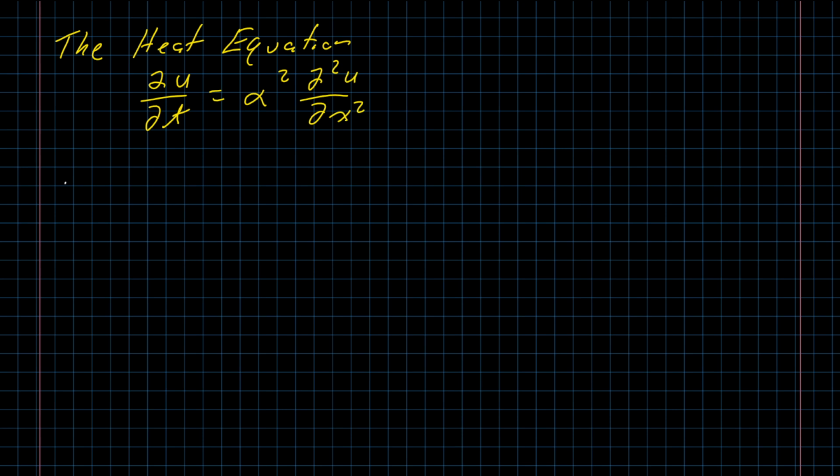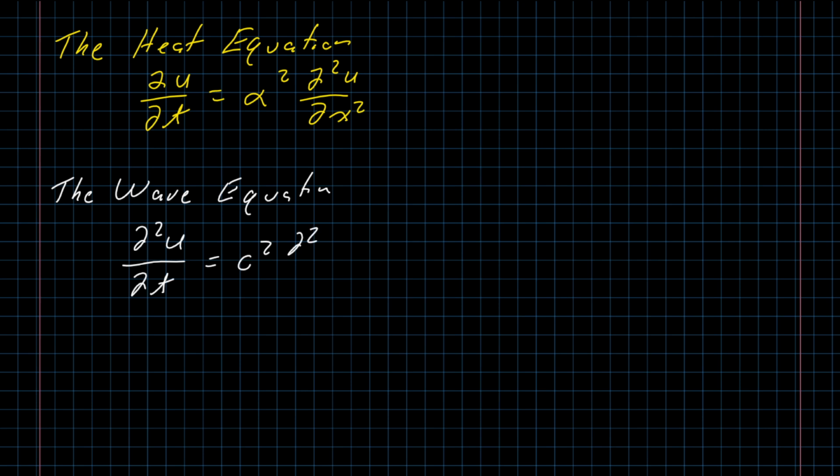We have the wave equation, which looks kind of similar, but instead of the first partial, it's going to be the second partial of u with respect to t is equal to some positive constant times the second partial of u with respect to x.